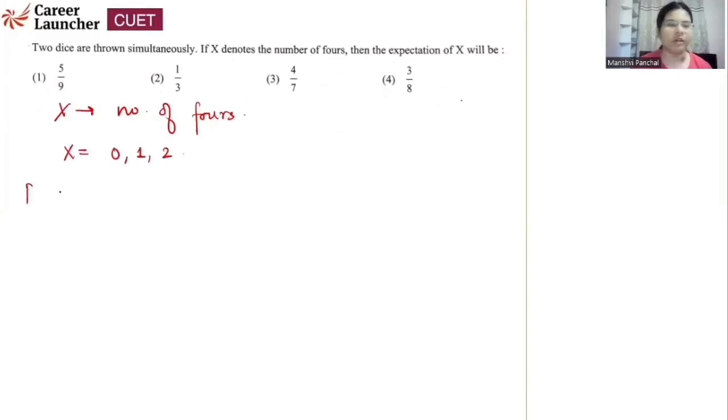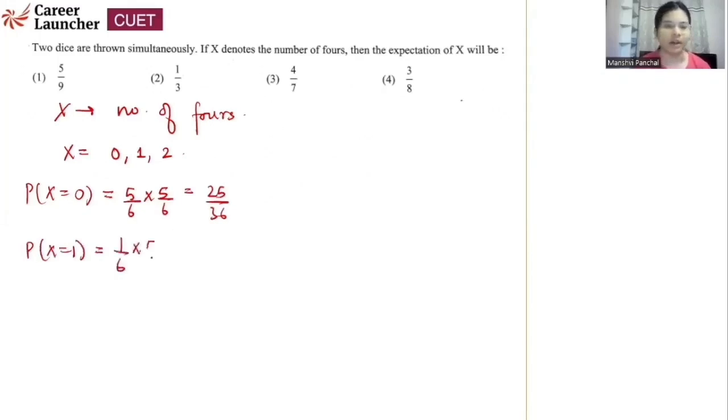P of x equals 0 means that we are not getting a 4 on any die. Two dice are thrown simultaneously, so it will be 5 by 6 into 5 by 6, which is 25 by 36. Then P of x equals 1, that you are getting a 4 on one die and another number on the other die. So 1 by 6 into 5 by 6 and into 2.